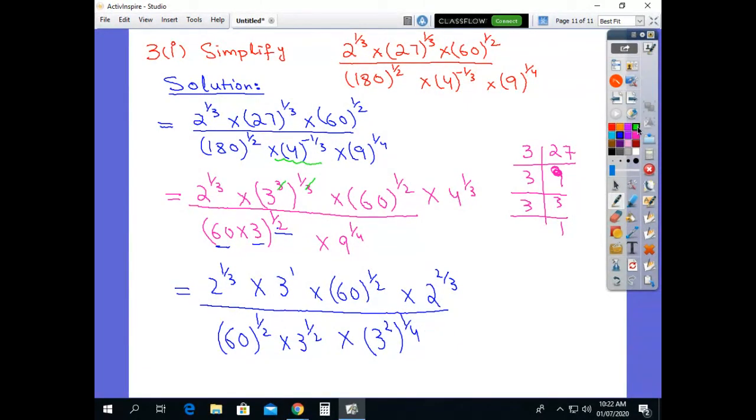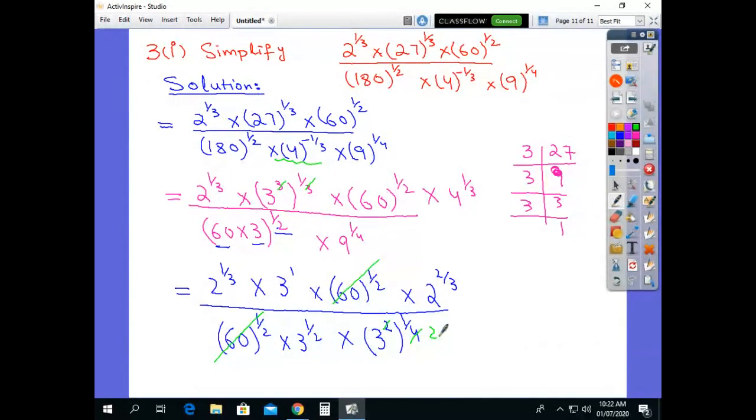Now after simplification, we see 60 raised to power 1 by 2 is the same in numerator and denominator. That's why we cancel them.